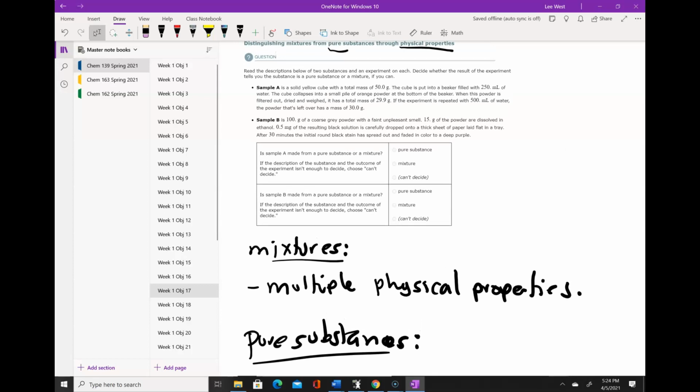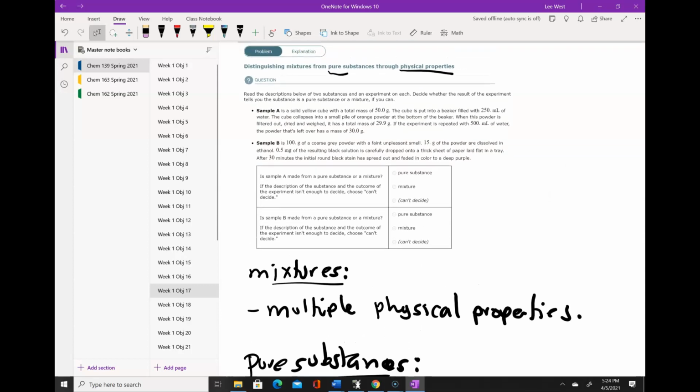So let's have a look at this. It says sample A is a solid yellow cube with a total mass of 50 grams. Okay, that doesn't help. The cube is put into a beaker filled with 250 mils of water. So this is something about solubility, isn't it, right? Does it dissolve in water? The cube collapses into a small pile of orange powder at the bottom of the beaker. When this powder is filtered out, dried, and weighed, it has a total mass of 29.9 grams.